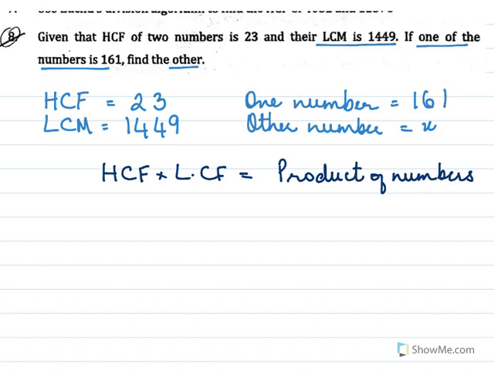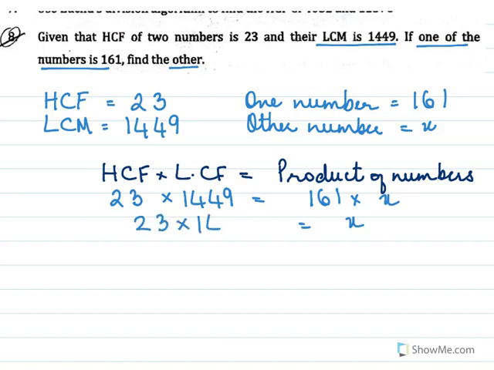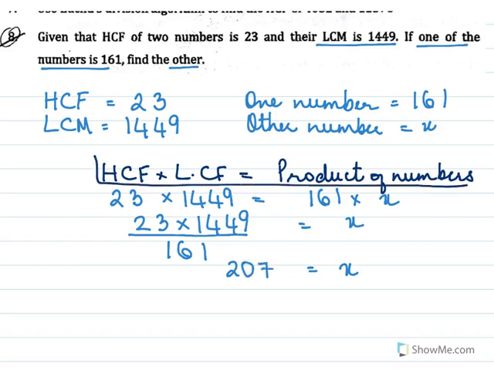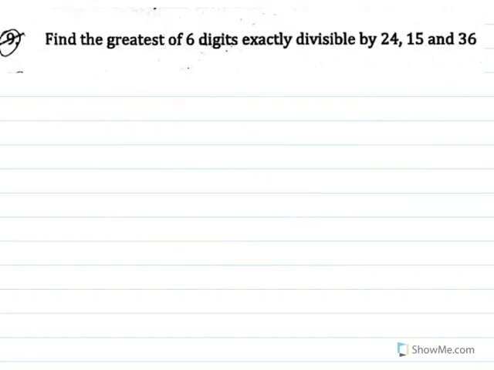And the HCF in this case is 23, LCM 1449, product of numbers, one number 161 into x. So x equal to 23 into 1449 over 161. So x equal to 207. Remember this formula. Different sums can come based on this formula.